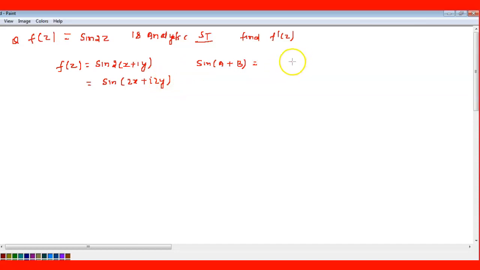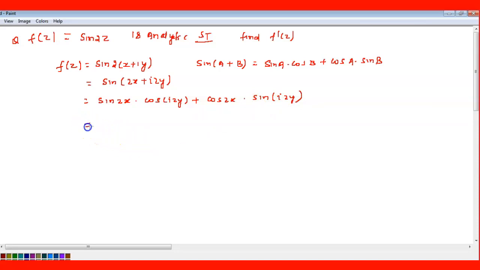What is the formula? Sine a into cos b plus cos a into sine b. So we apply here sine of 2x into cos of i of 2y, plus cos of 2x into sine of i into 2y. Any doubt till here?